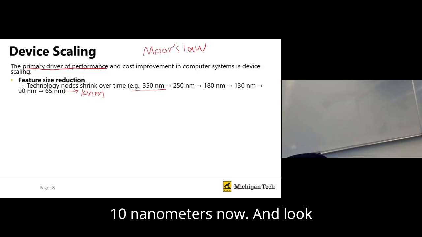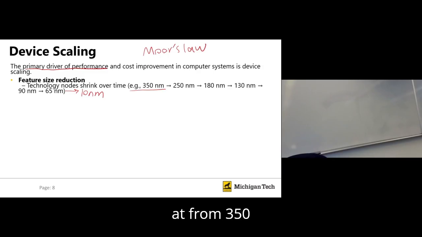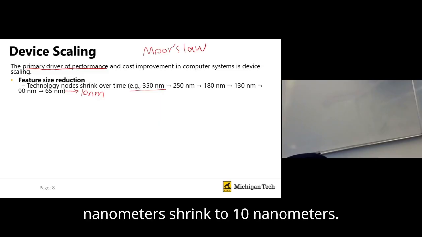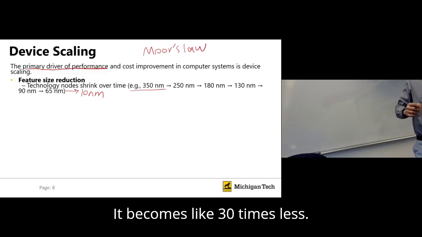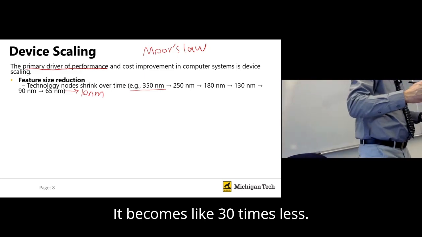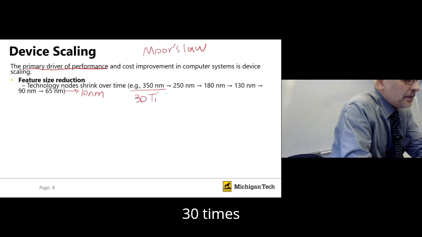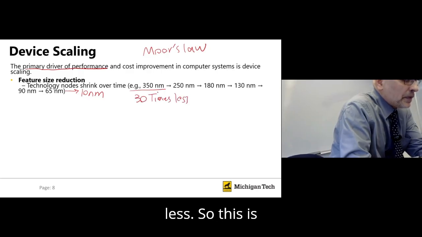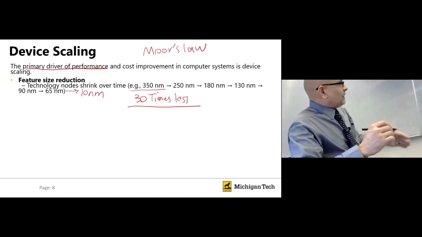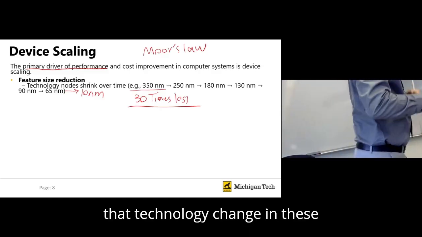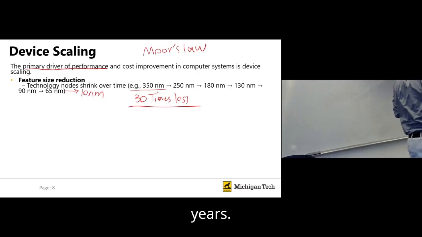It can be 10 nanometers now. And look, from 350 nanometers shrinking to 10 nanometers, it becomes about 30 times less. So this is that technology change in these years.